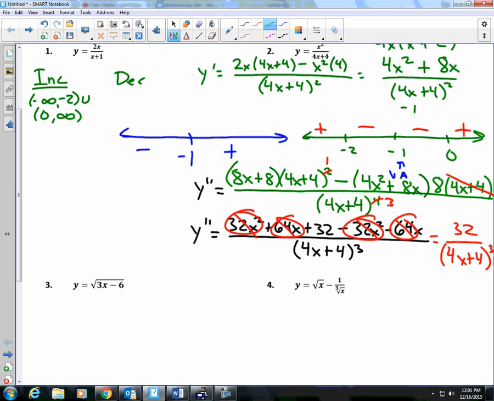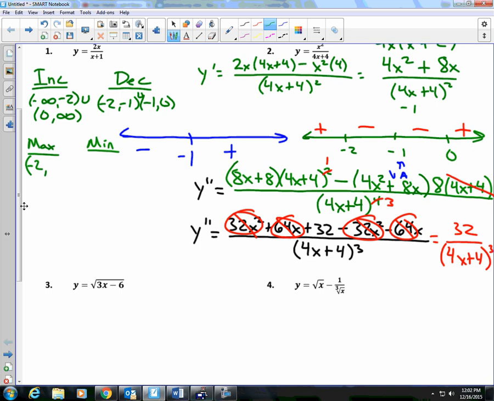My interval of decreasing will be from -2 to -1, and then from -1 to 0. The local maximum will occur at what spot? Where it changes from positive to negative, so that'll happen at -2.